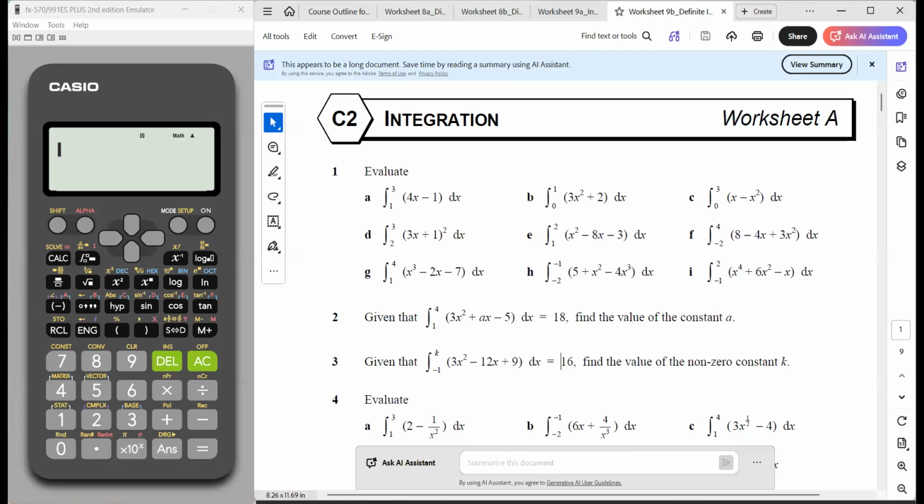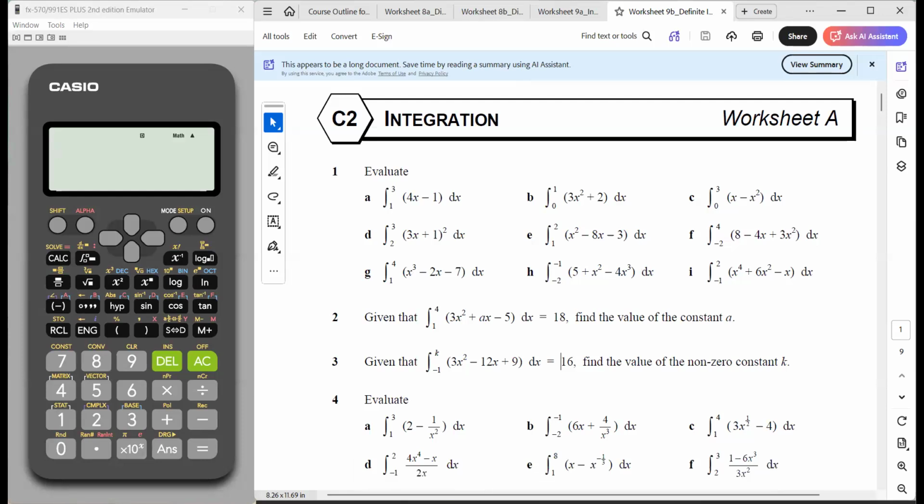Okay, so based on what we've done so far, we've done differentiation, we've done integration. So we are left with, oh wow, complex numbers, matrices, and vector algebra.